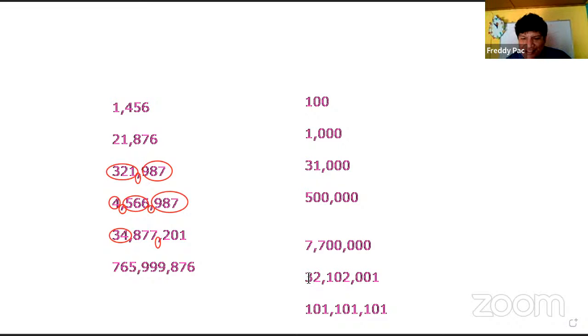What about this one? 22, are you sure? 32. No, not 1,000. 2 million. 102,000. 1.